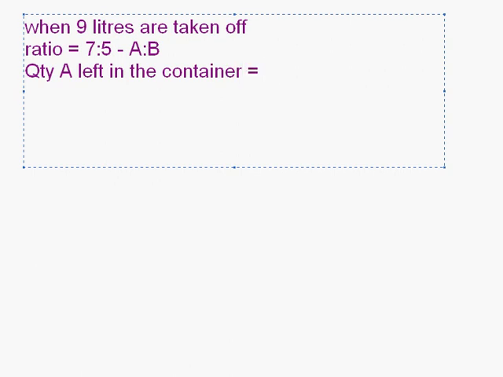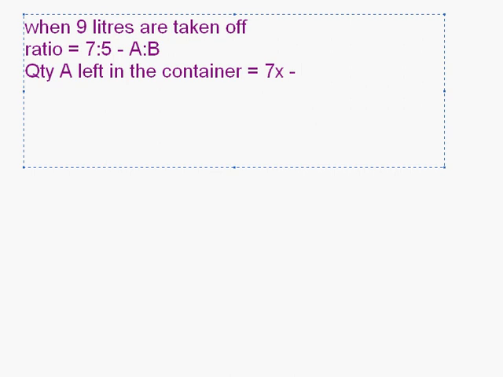It will be equal to quantity A. Quantity A is 7 parts, so it will be 7x minus, okay, we assume that the liquids A and B in the container will be 7x and 5x because we do not know the quantity of liquid present. Since the ratio is given, we can always multiply it by a constant term x for both parts.